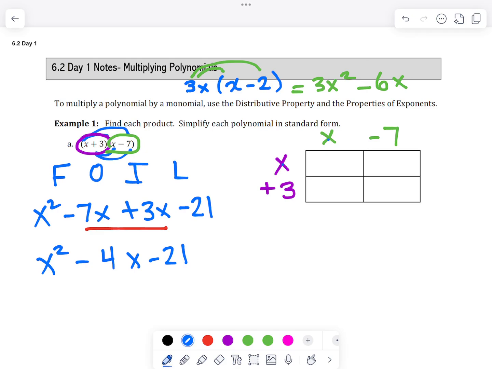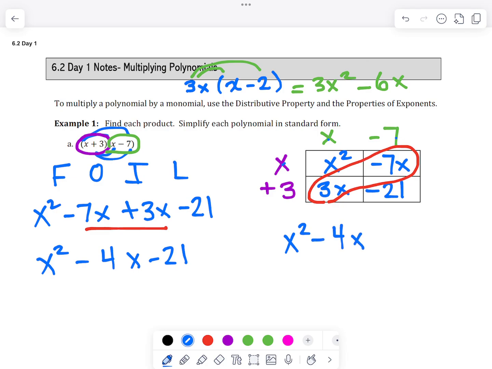So x times x gives you x squared, x times negative 7, negative 7x, 3 times x, 3x, 3 times negative 7, negative 21. And then we look to see if there's any like terms. Notice right here, these are alike, so they will combine together. So we have x squared minus 4x minus 21.